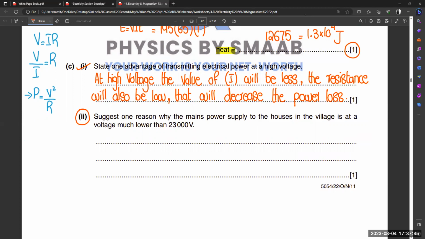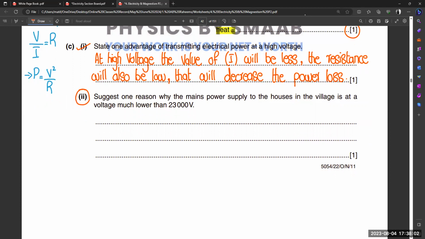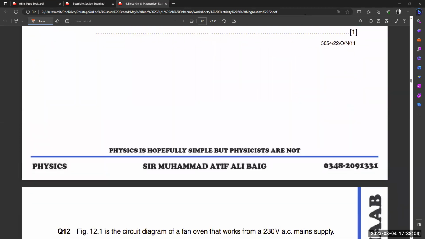This is the same concept that they asked in the first part, but now they are asking with values. For this, we need to study the whole transmission process, how electricity transfers from the plant to the village or to the houses. So just leave this part. We will discuss it in the next chapter.